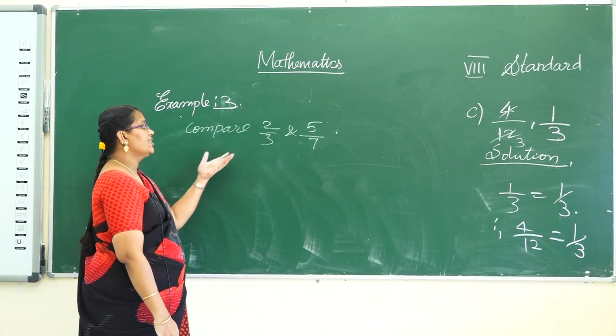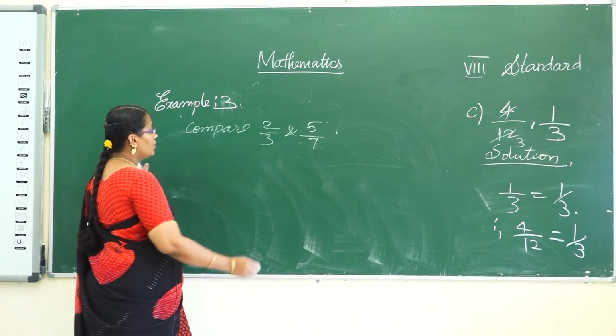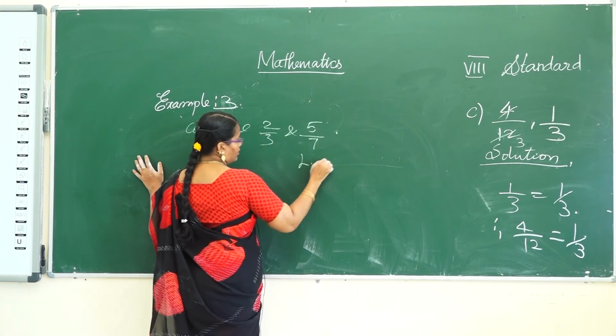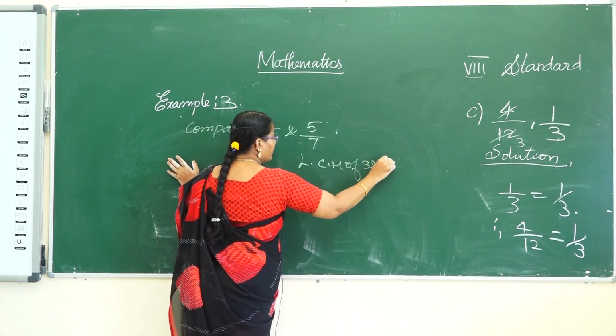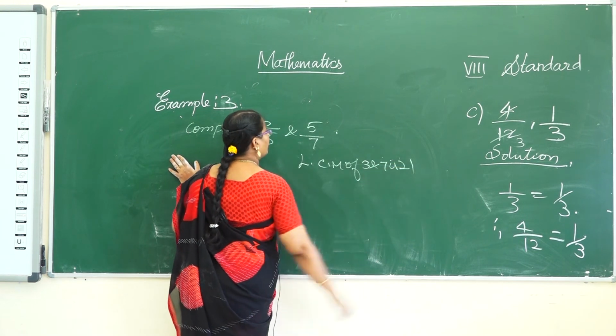What do we do in this place? Take the LCM. So, the LCM of 3 and 7 is 21.